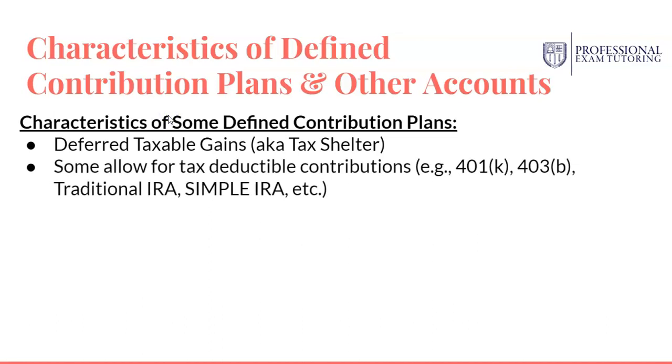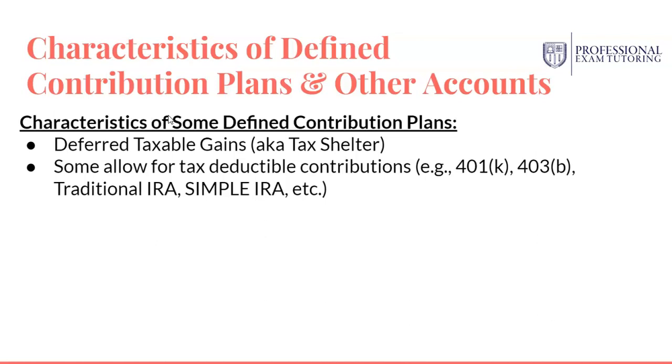The next point is that some defined contribution plans allow for tax-deductible contributions. So what this means is that accounts like 401ks, 403bs, traditional IRAs, etc., allow you to take the contribution amount that you put into those plans and actually write it off your income.